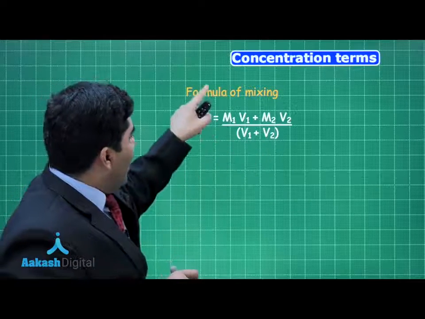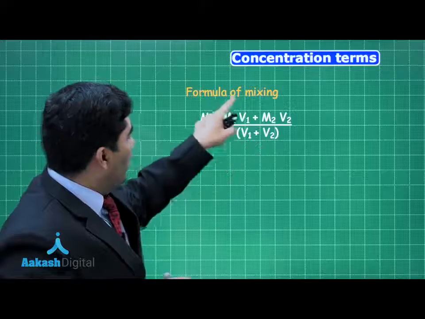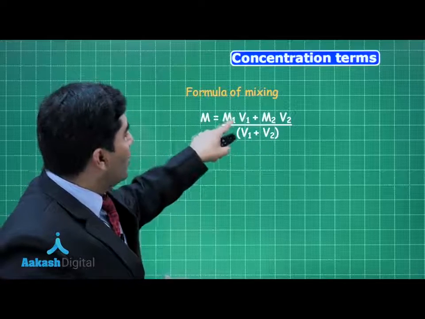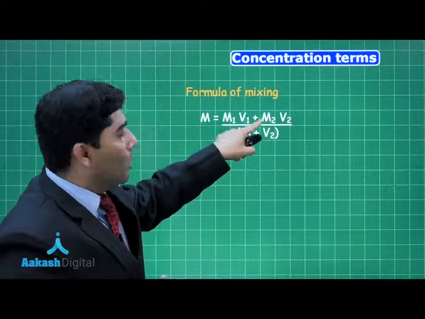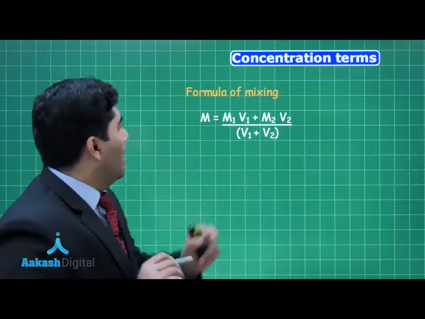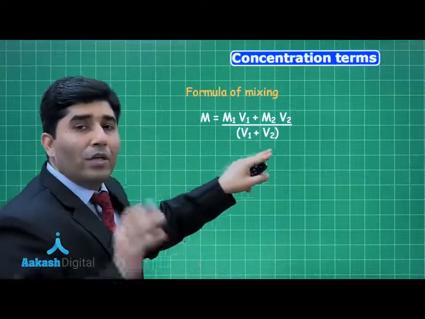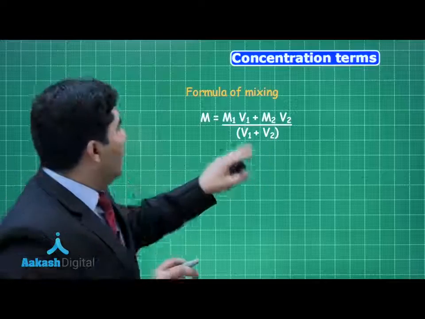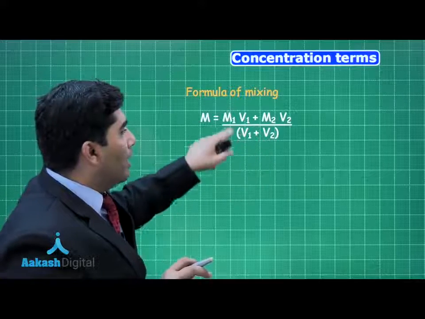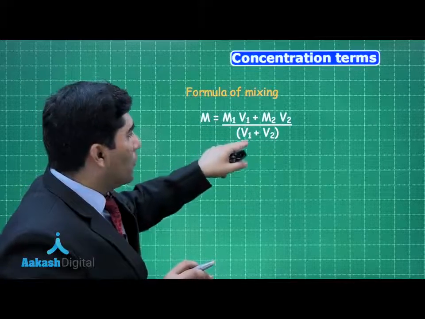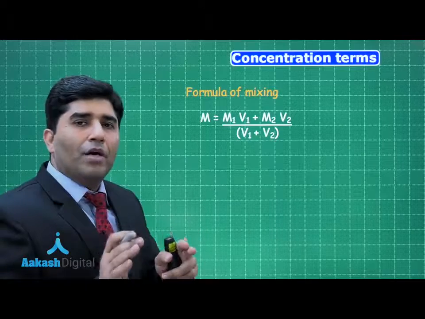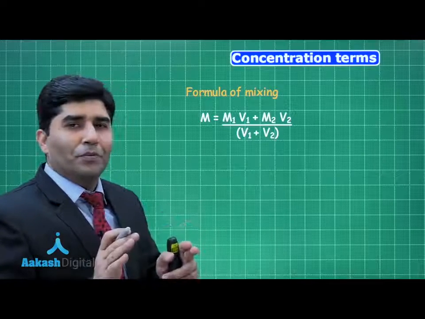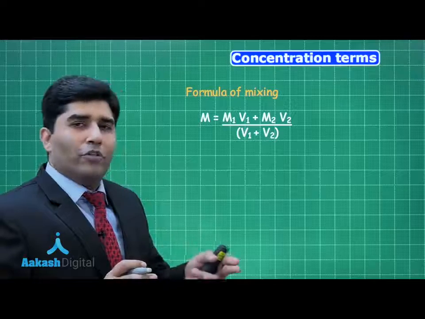So, N1 plus N2, the number of moles of the first solution plus the number of moles of the second solution, is the total number of moles, and V1 plus V2 is the total volume. Therefore, the total number of moles divided by the total volume will give you the molarity of the resulting solution. Let's solve a question based on it.